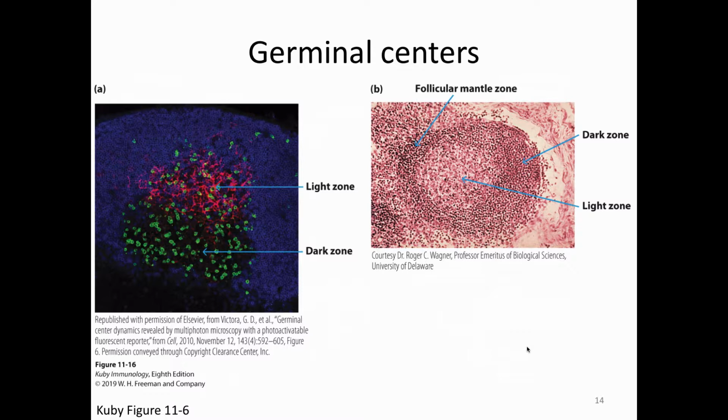It's light. You saw something similar to this with the thymus, with the cortex and the medulla. There was a lighter area and a darker area. And I told you there was something really important about that area that had lots of cells, which would correspond to the dark zone here. What was happening in that area of the thymus where there were lots and lots of cells?